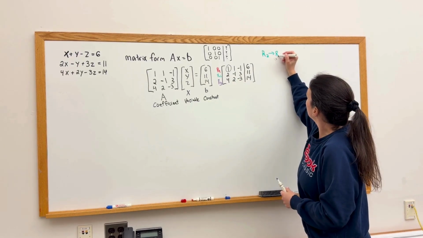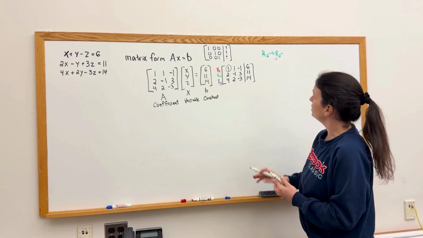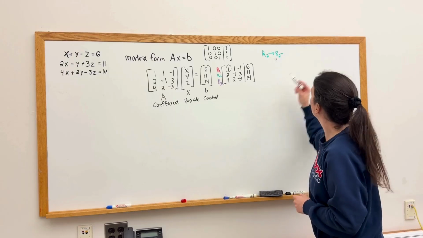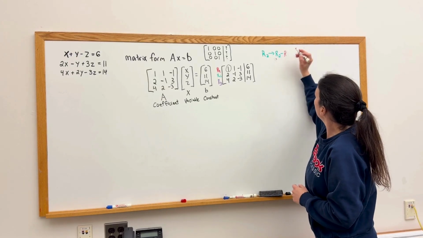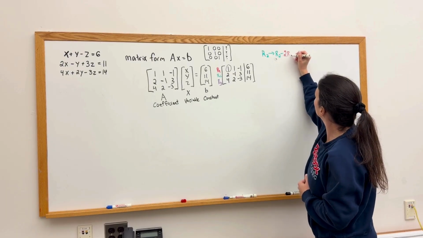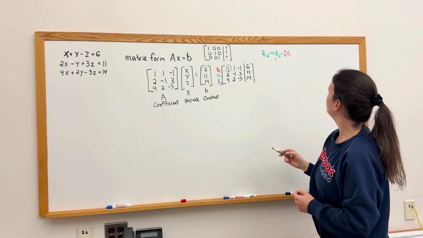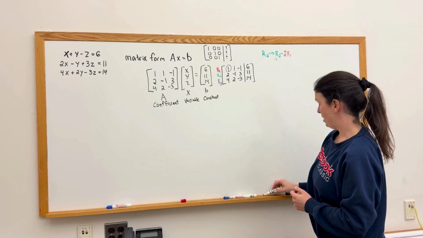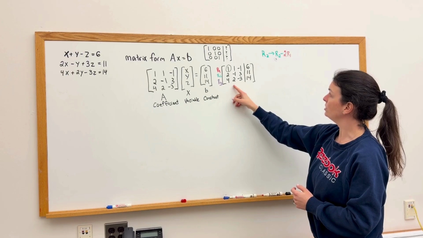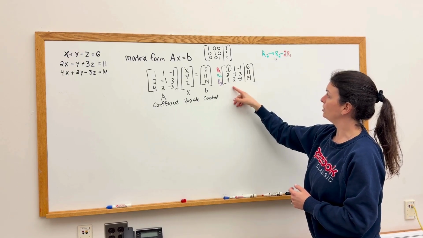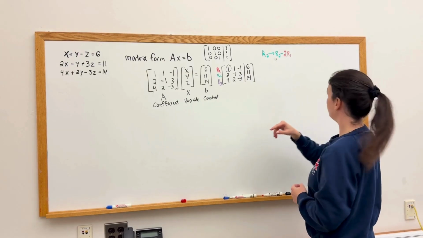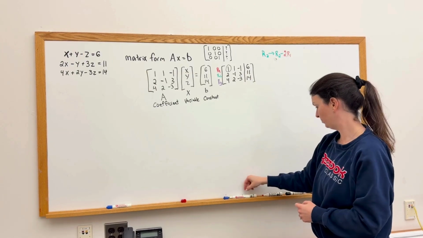So row 2 is going to become row 2 minus 2 times row 1. And row 3 is going to become row 3 minus 4 times row 1.